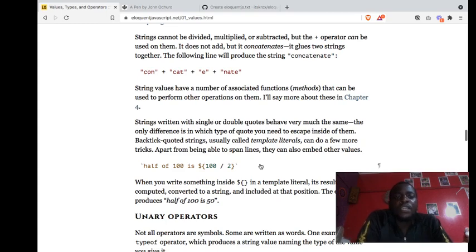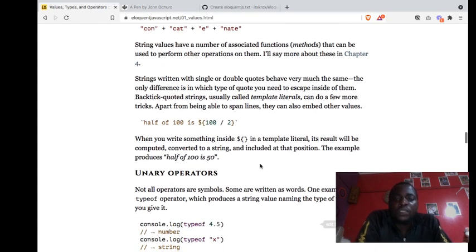Strings written with single or double quotes behave very much the same. The only difference is which type of quote you need to escape inside of them. Backtick quoted strings, usually called template literals, can do a few more tricks. Apart from being able to span lines, they can also embed other values.